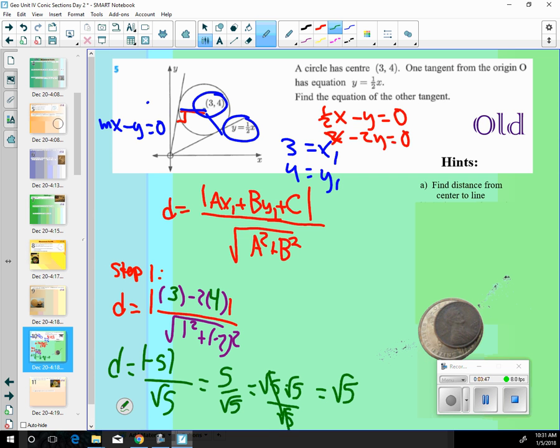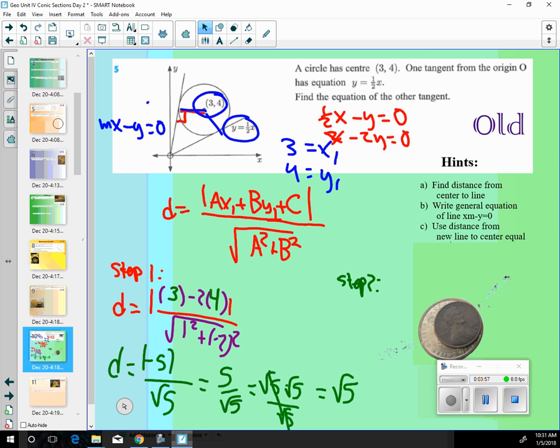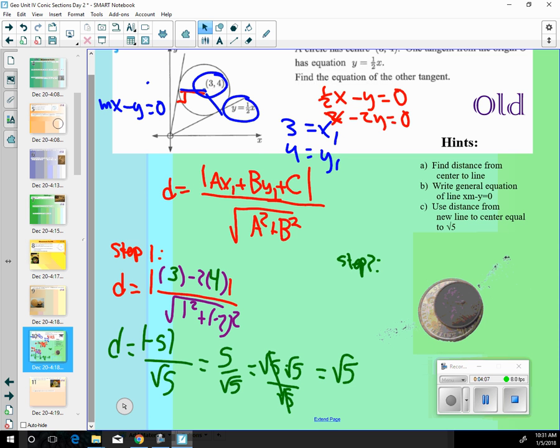So now we can do step 2, which is, we did that formula already. And now we're just going to set that equal to the distance. Okay, and I think I can maybe squeeze this in.